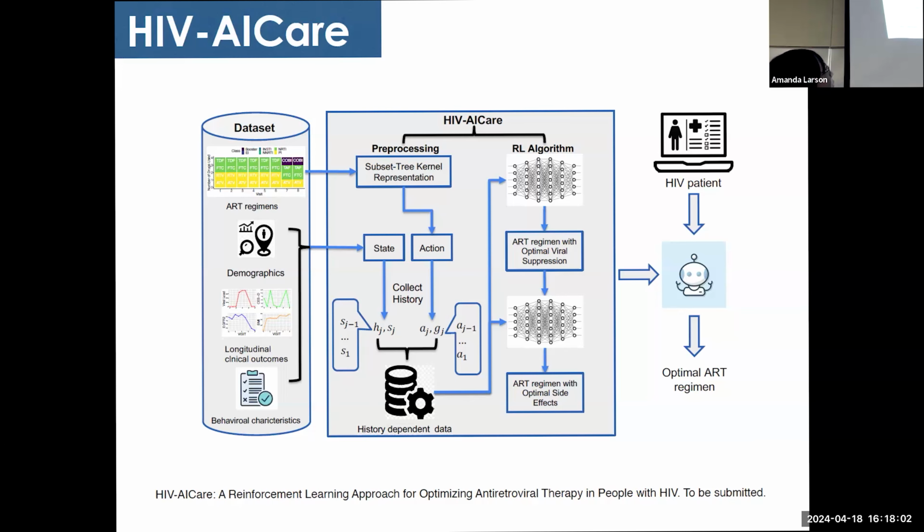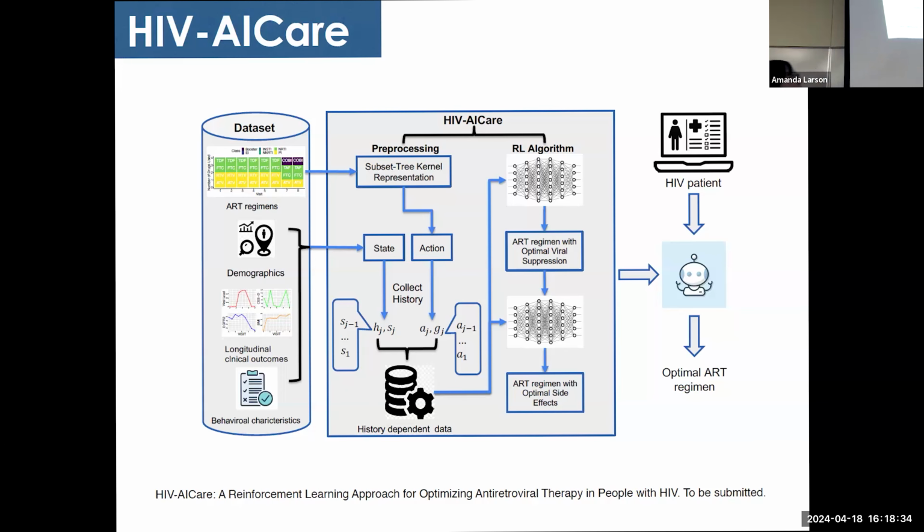Then we have these embeddings built on Q-learning. We put them all into the Q-learning framework, and you get the estimated Q value. In general, the Q function is the state-action value, Q(S, A), but we replace S with H, the whole history.